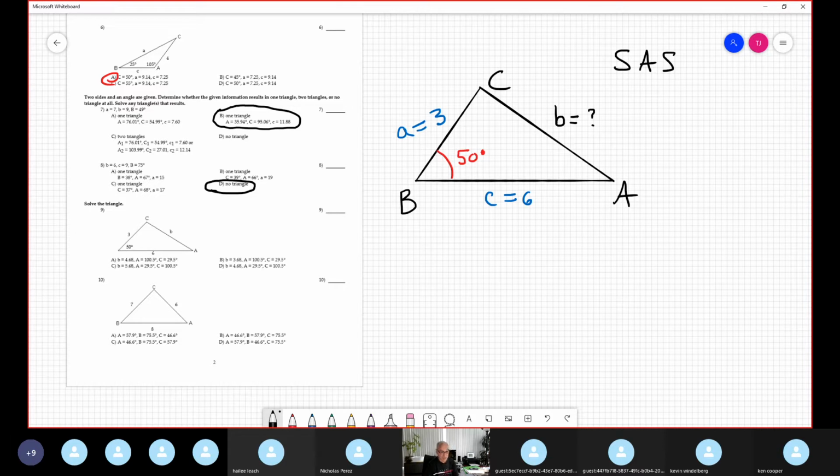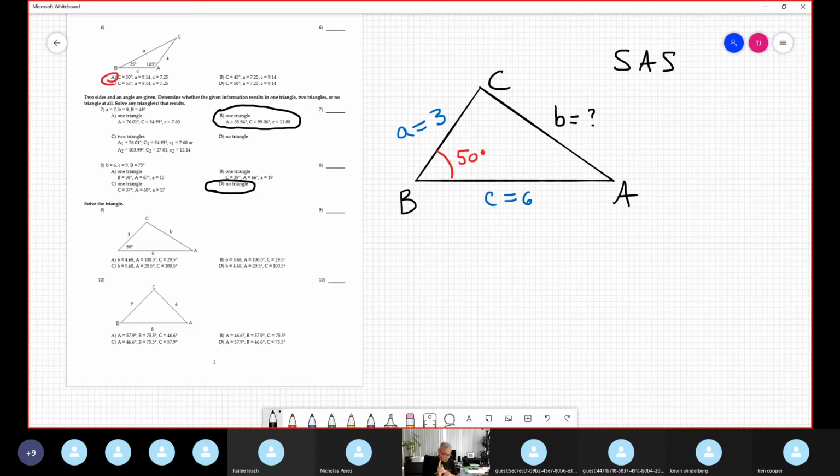It's important that you understand this idea. When you have two consecutive sides and one angle, this is ambiguous. But in this case, no. Why not? Because the triangle is perfectly defined: you have two sides and the angle in between. There is no ambiguous situation.